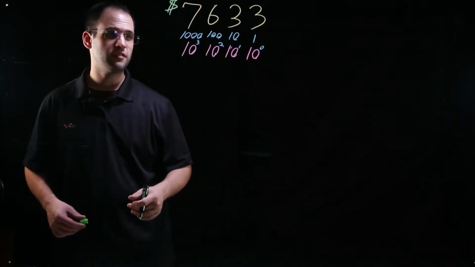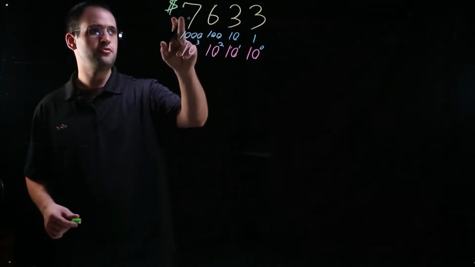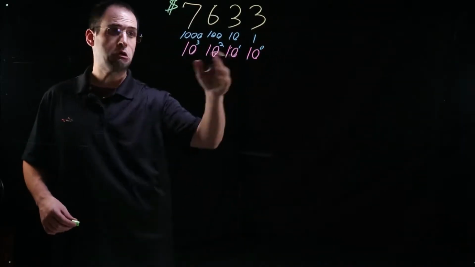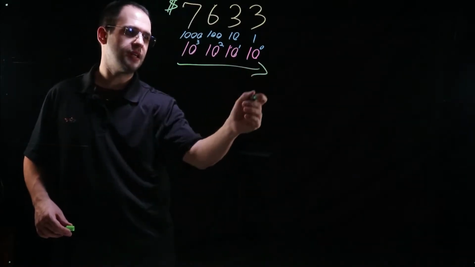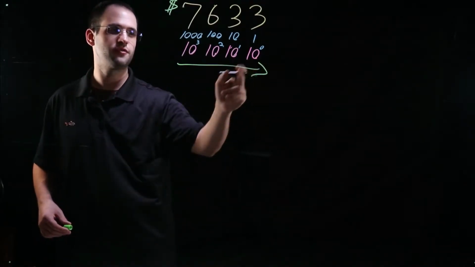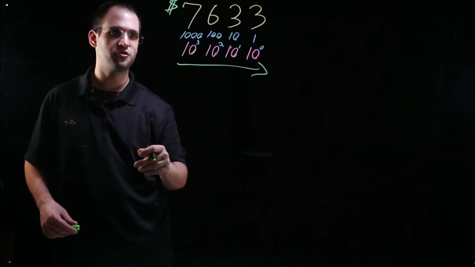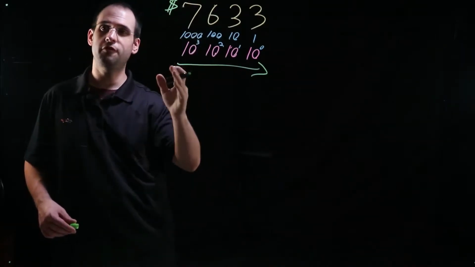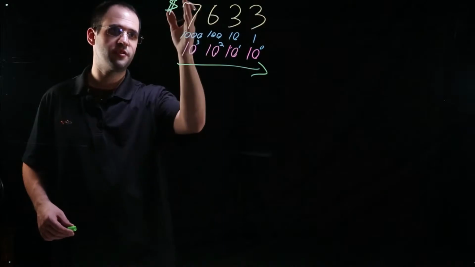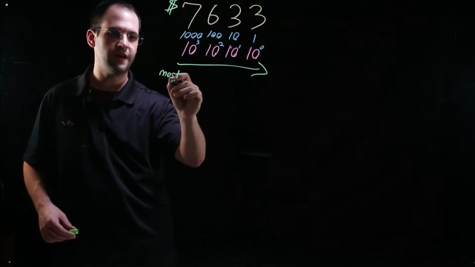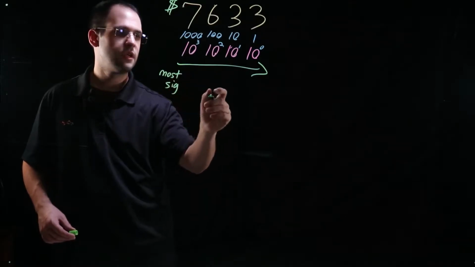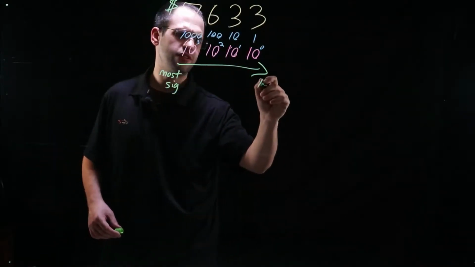As we move from left to right across our number, and as we go down toward the ones position from the thousands position, we can see that this leftmost value is our most significant value, and this one over here is our least significant.